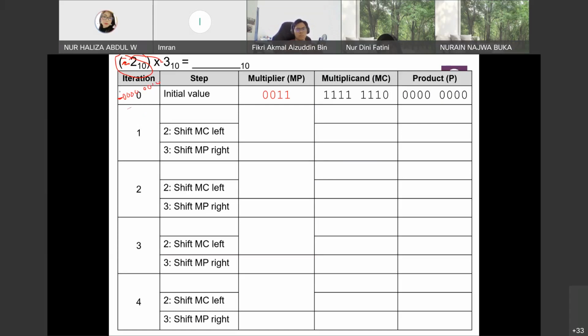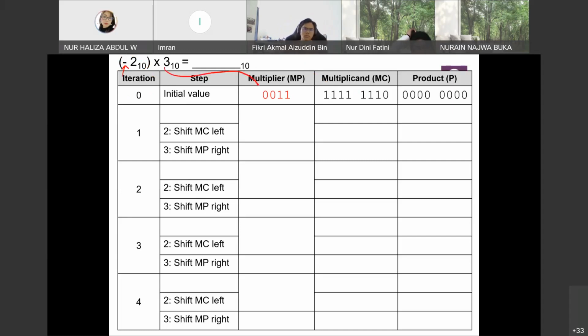Instead, you need to change it using your two's complement. I don't need to do this one again. You can try it, because you already learned it in your digital technology subject. This is the two's complement, which shows this as negative 2.